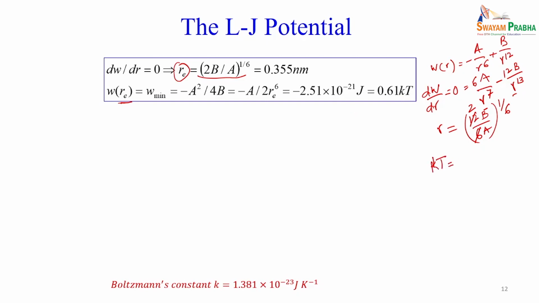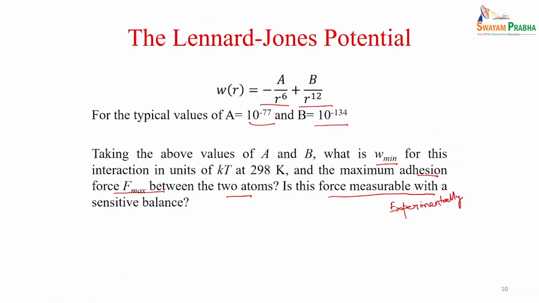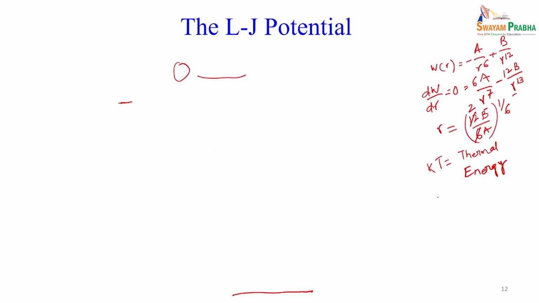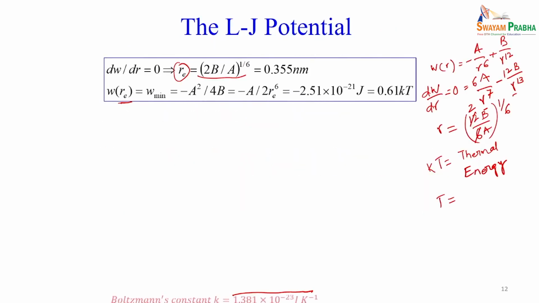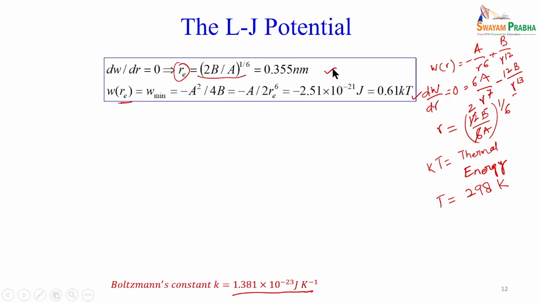The value of k is 1.381 into 10 to the power minus 23 joule per Kelvin, and the temperature in the problem was given as 298 K. So, this energy can be calculated in terms of thermal energy, and it is coming out to be 0.61 kT. So, this is the first part.